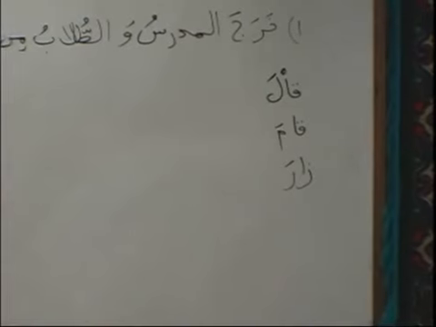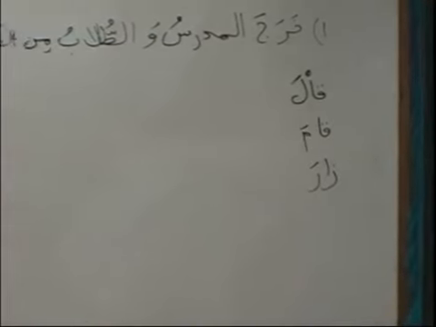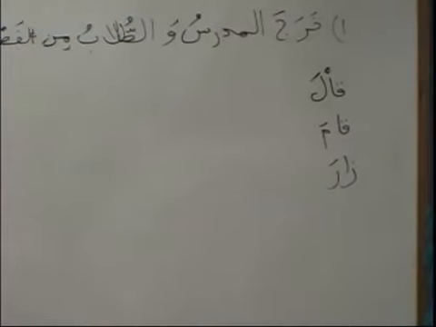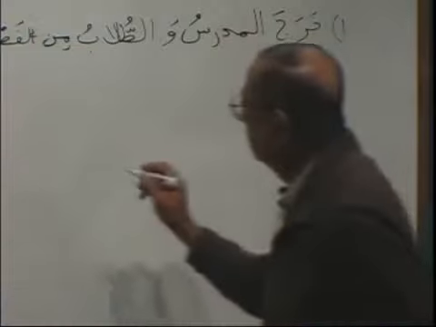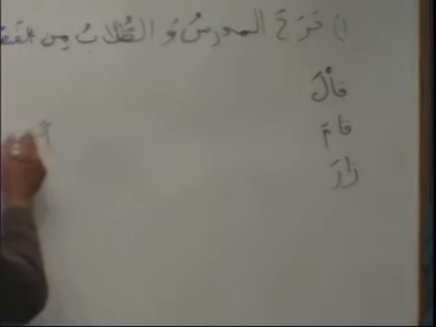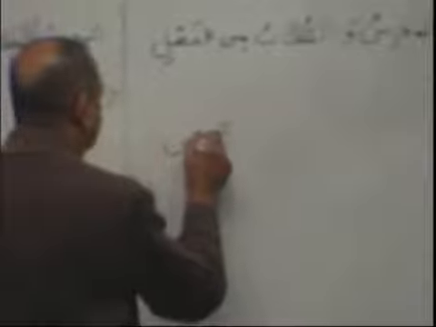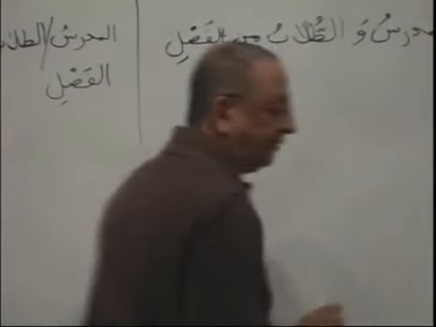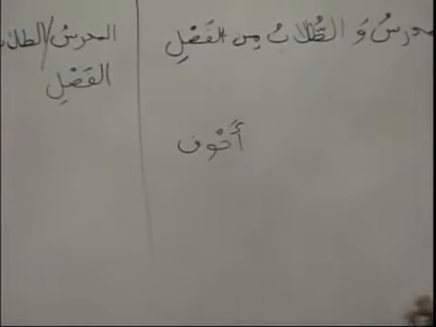Now, whenever Ain kalima has a weak letter, that kind of verb is called ajwaf. What is it called? Ajwaf. You will remember. Ajwaf. What is the meaning of ajwaf?